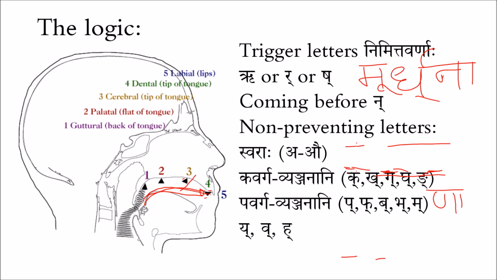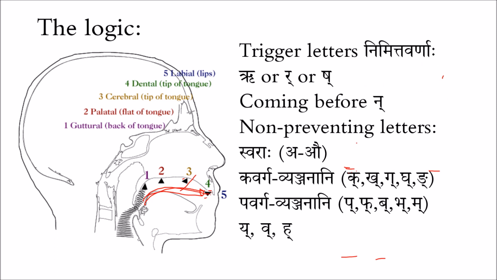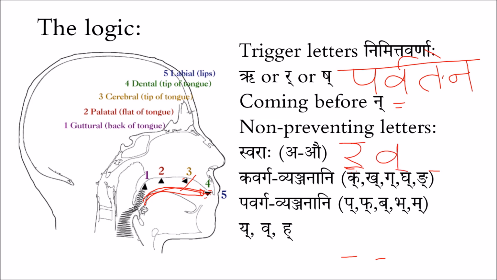If you take another example, it is the same thing. Like if you say parvatena. Here there is a trigger letter ra, and then there is va, and then there is a, and then ta, and then there is na.